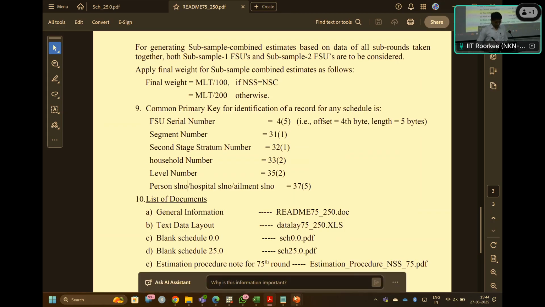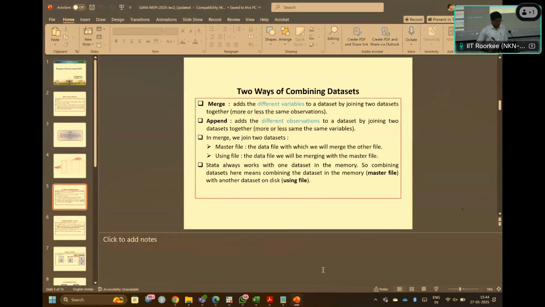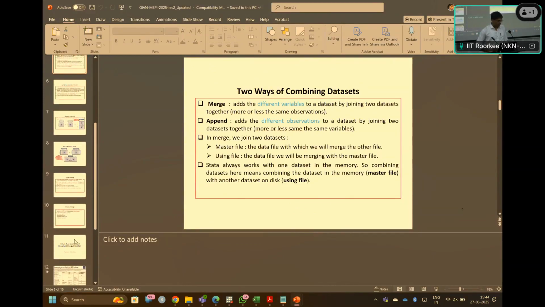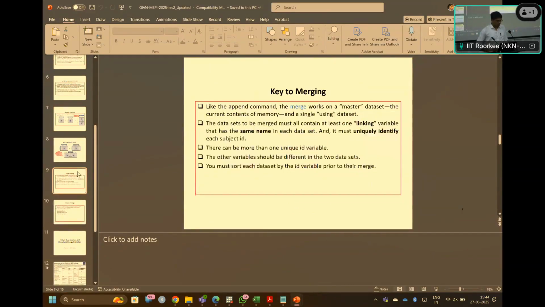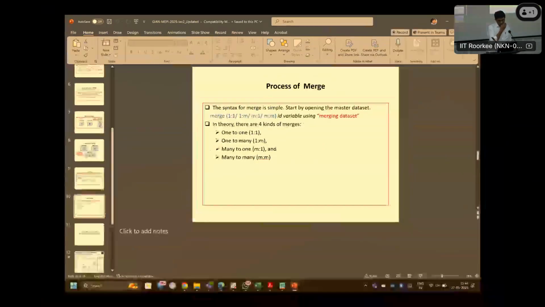I have mentioned it here in a slide. This is in fact the last slide so far as merging is concerned. So this is the one. I can just have a look.